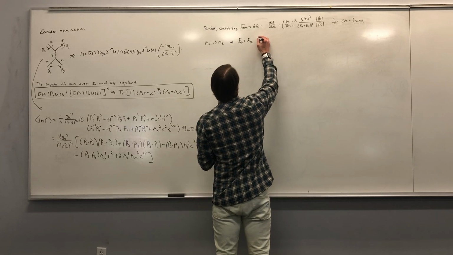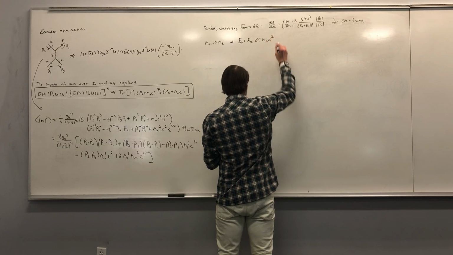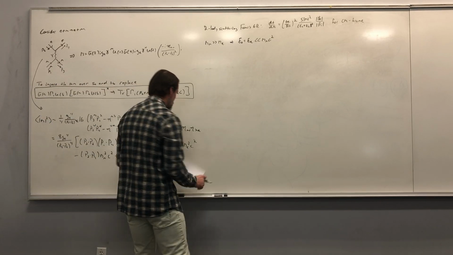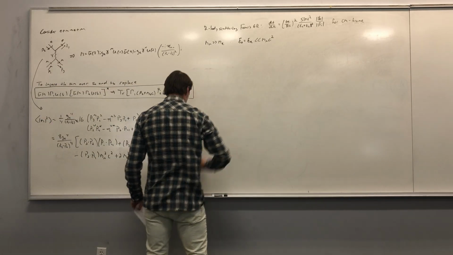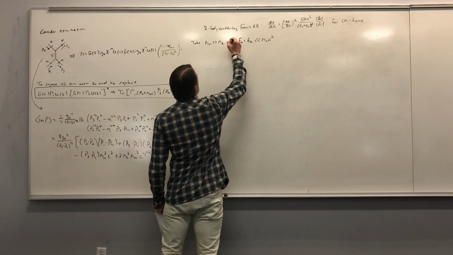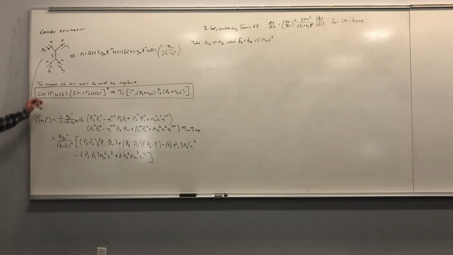But moreover, this is way, way less than the mass of the mu times c squared. So we're going to take this and assume this. So what I'm saying is, first of all, I know that the mass of the muon is way bigger than the mass of the electron. Furthermore, I'm going to assume that the energy of the incoming electron is quite small compared to the rest mass energy of the muon.